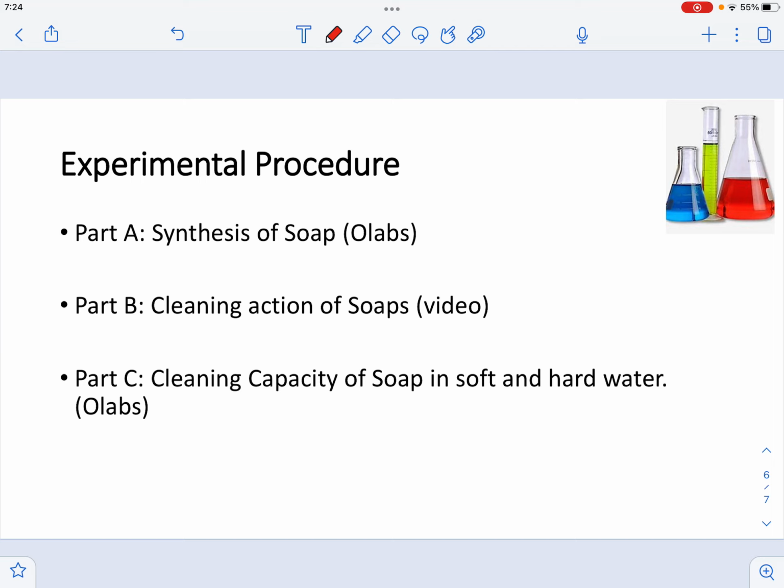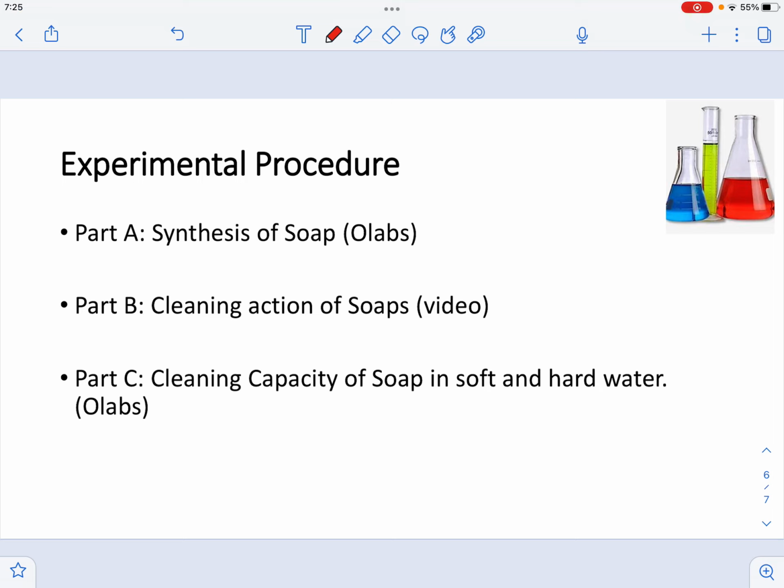Overall, in this experiment, there are 3 parts that the students need to perform. Part A is an OLAPS in which you are going to observe the process of saponification, which is how soap is synthesized. In part B, you will be watching a YouTube video that explains how soap actually works in its cleaning action.